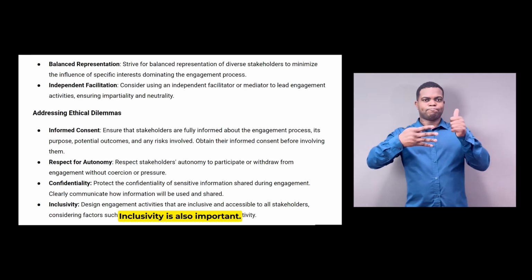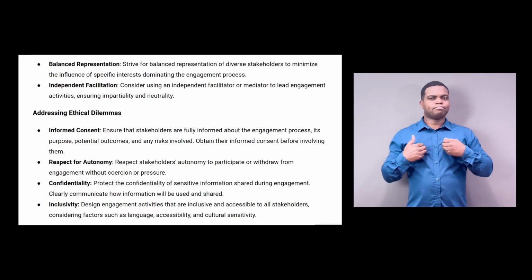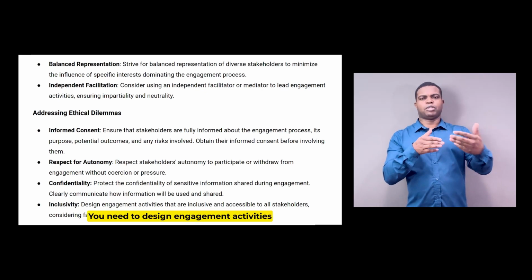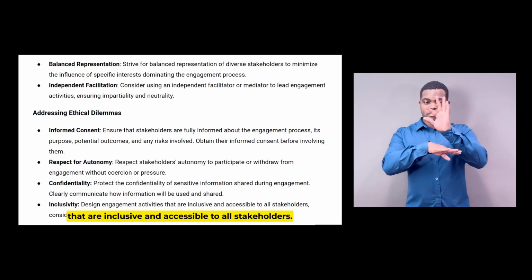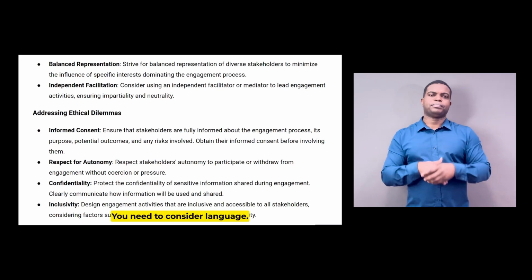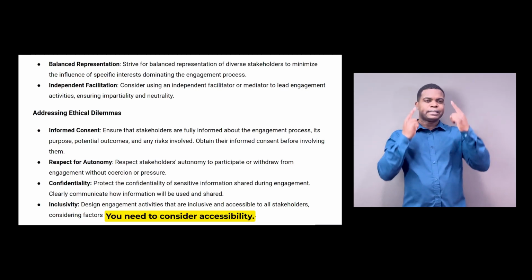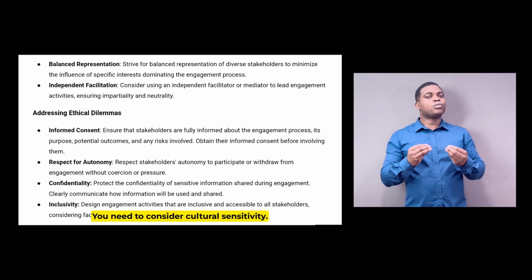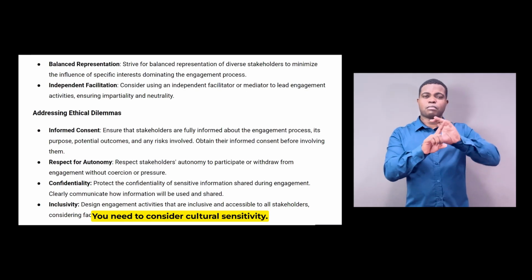Inclusivity is also important. You need to be inclusive. You need to design engagement activities that are inclusive and accessible to all stakeholders. You need to consider language, you need to consider accessibility, you need to consider cultural sensitivity.